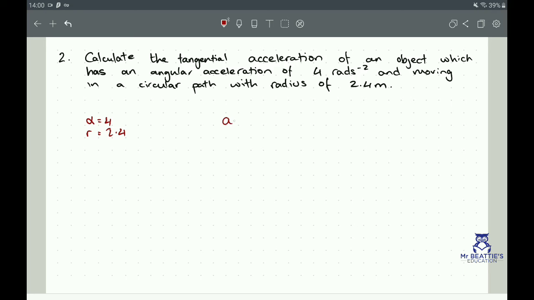Then a is equal to r alpha, so 2.4 times 4, which is going to give us 9.6 meters per second squared.